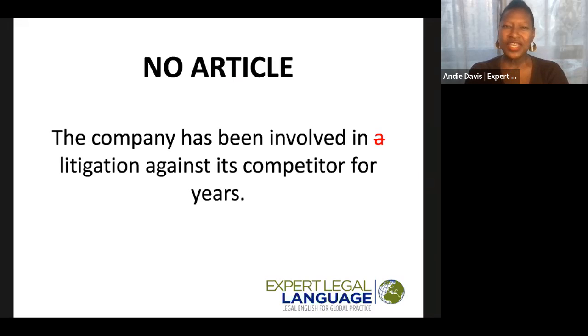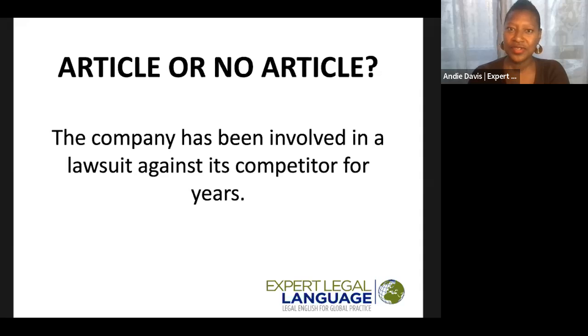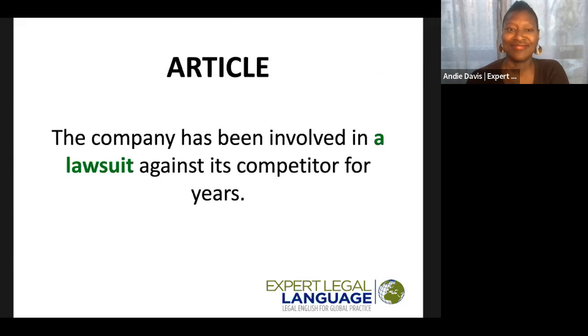And generally speaking, when you're referring to abstract nouns or in some cases collective nouns, they tend not to take indefinite articles like a or an. However, watch what happens when we change the word litigation to lawsuit. They mean the same thing. So would we say the company has been involved in a lawsuit against its competitor for years?